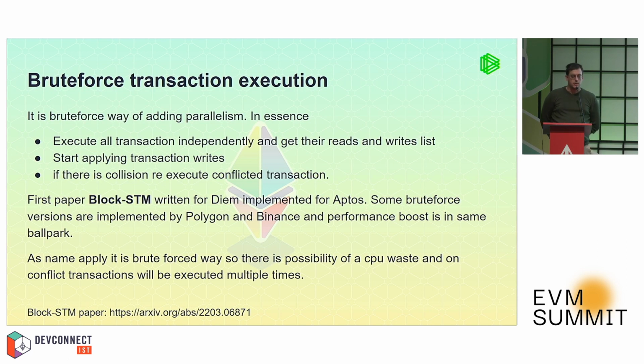Some brute force versions are implemented for Polygon and Binance, and they got like 50% to 2 times faster execution. As the name implies, it's a brute force way. That means if there is a collision, you can expect your transaction to be re-executed multiple times. So it's a little bit wasteful.